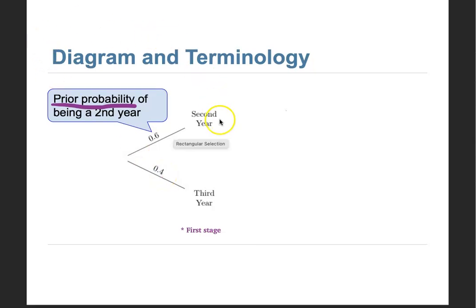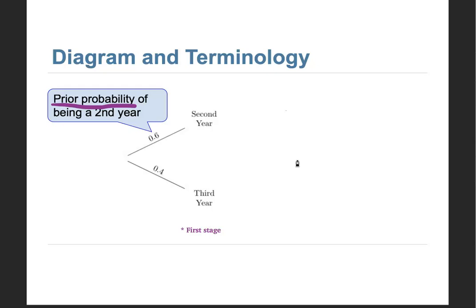Then we continue with the example. That's the first bullet, right? Then we told you the second bullet. For second year students, 50% declare their major and 50% do not. For third year students, 80% declare their major and 20% do not.